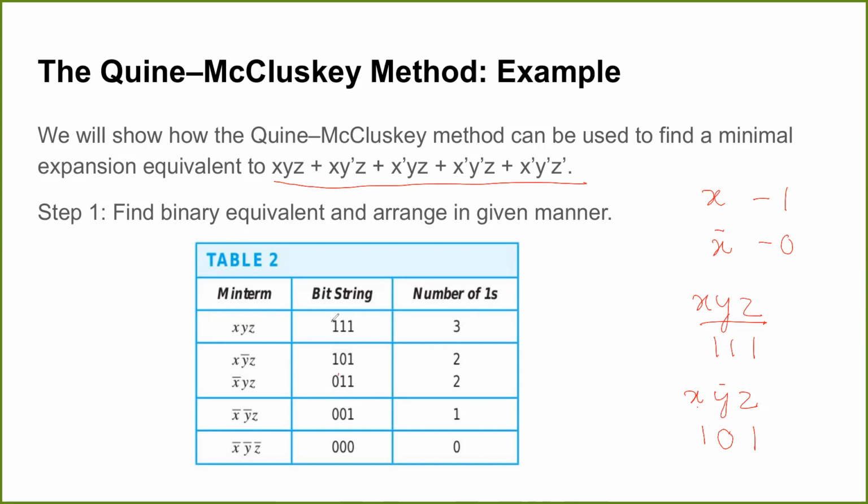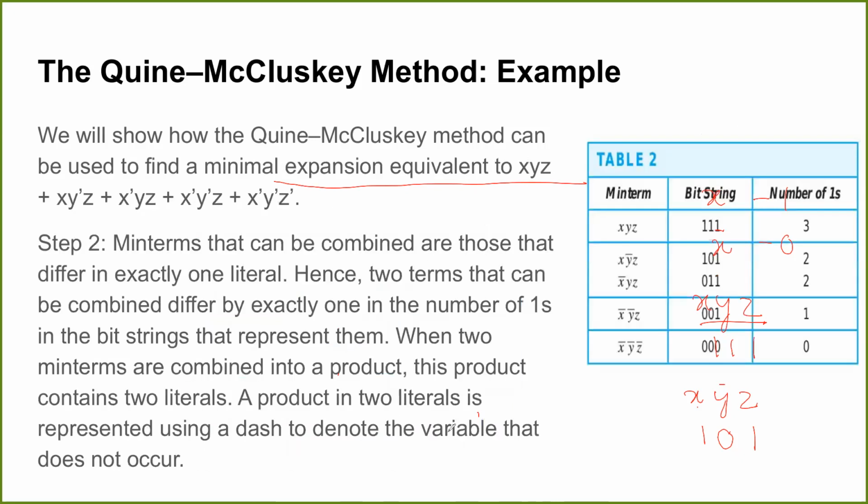This bit string has 3 ones, so it is at the top. Then I have bit strings with 2, then with 1, and with 0. So that is the first step: find the binary string equivalent of your minterms and arrange them in descending order of the number of ones.